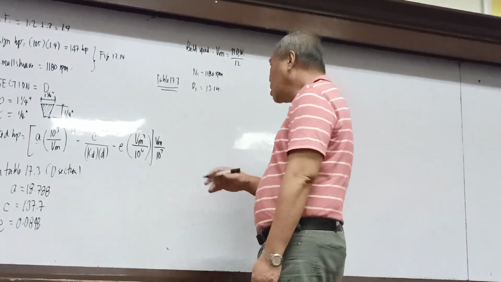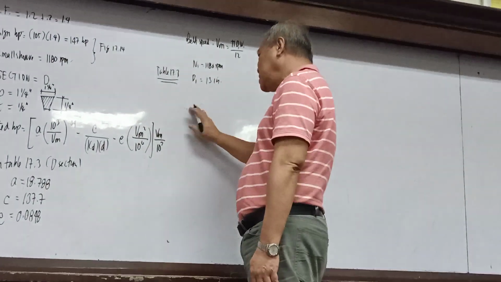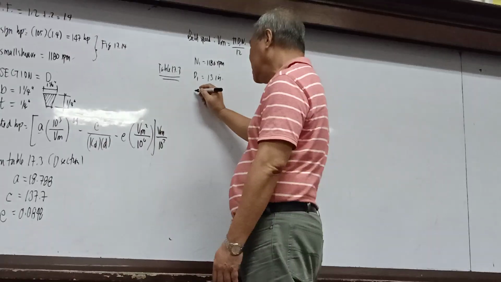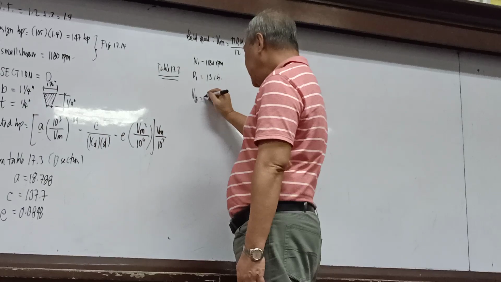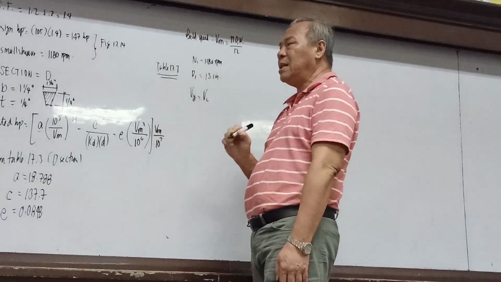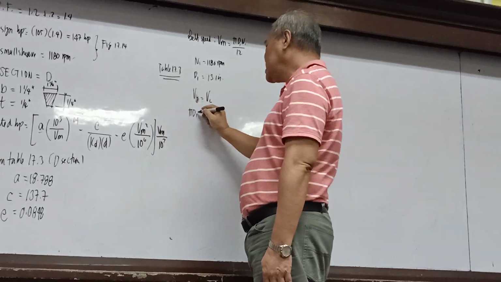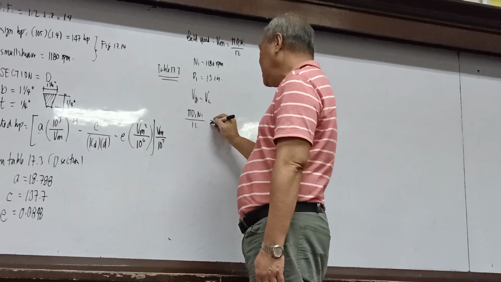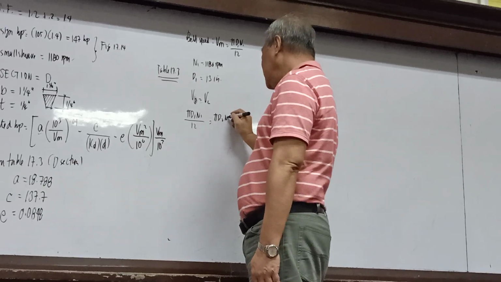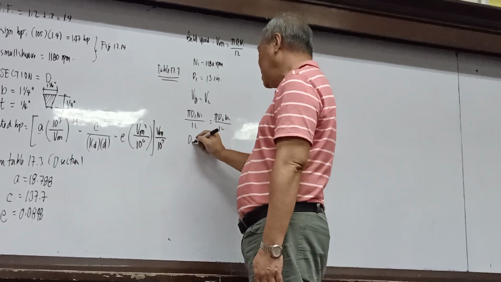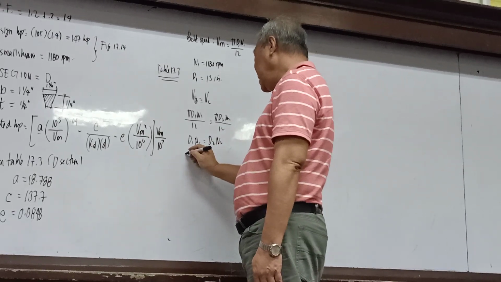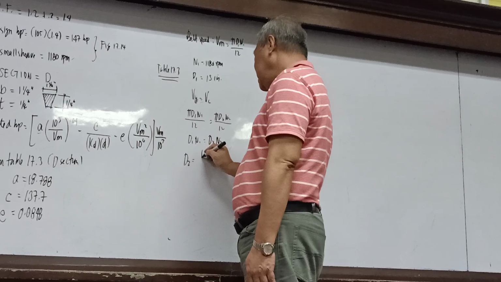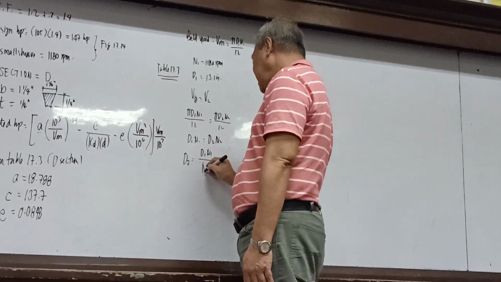Right now, kung alam ko na itong 13, let's now determine the other one. We all know that the belt linear velocity for the small sheave is equal to the belt linear velocity for the large sheave, or pi D1 n1 over 12 equals pi D2 n2 over 12. So D2 is equivalent to D1 n1 all over n2.